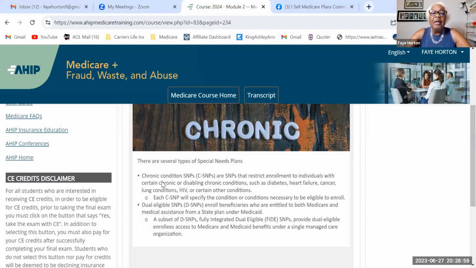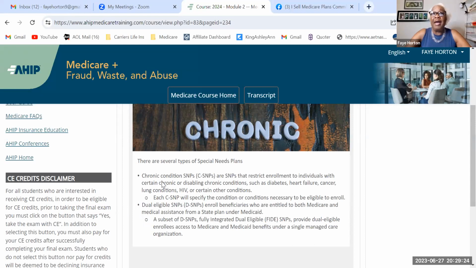Not every chronic SNP plan has the same disabling chronic conditions. So each carrier identifies the specific disabling chronic conditions that will allow an individual to be enrolled in their plan.